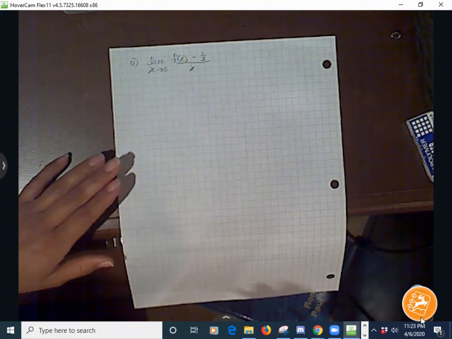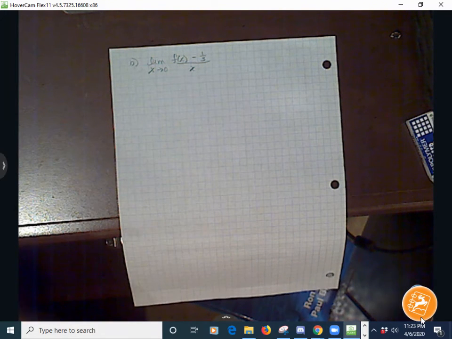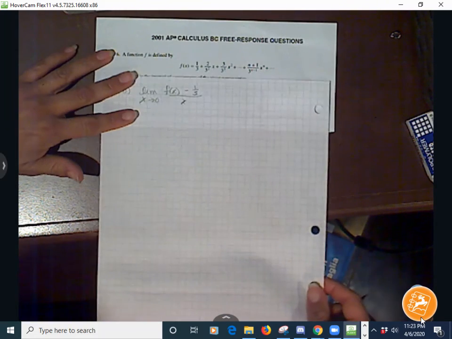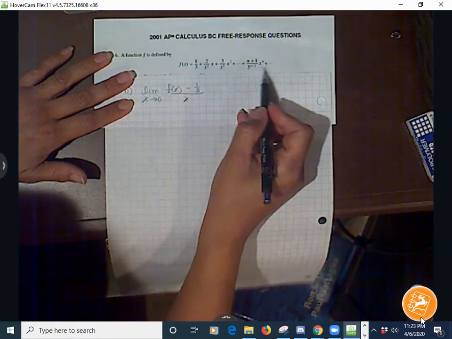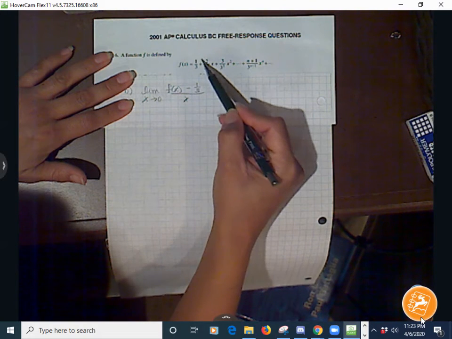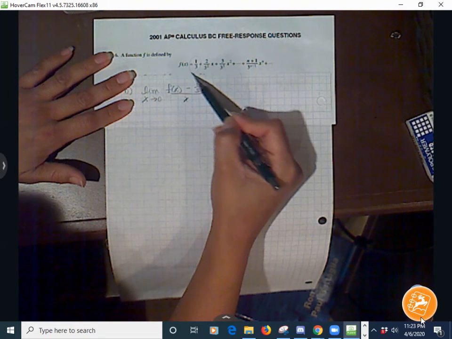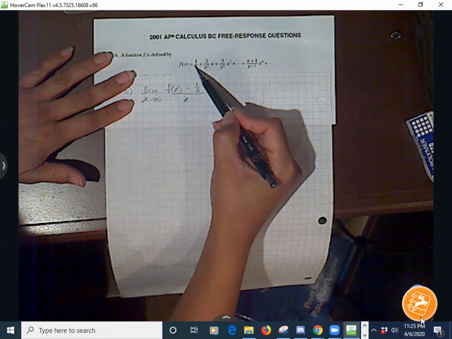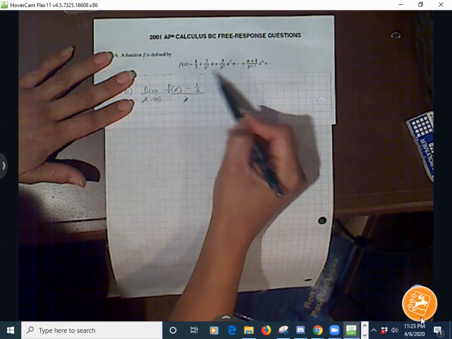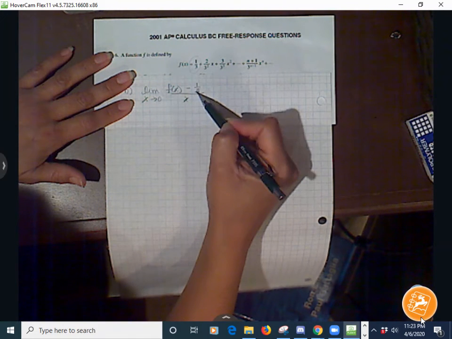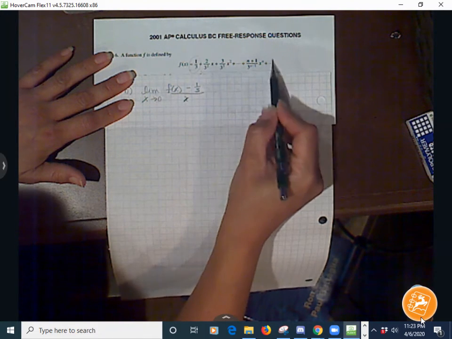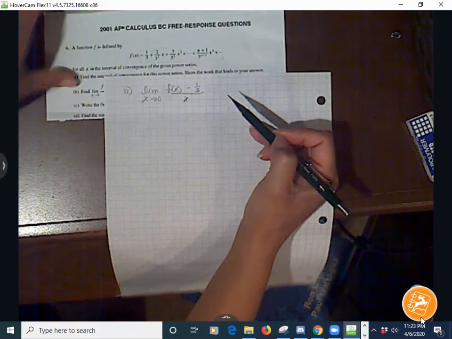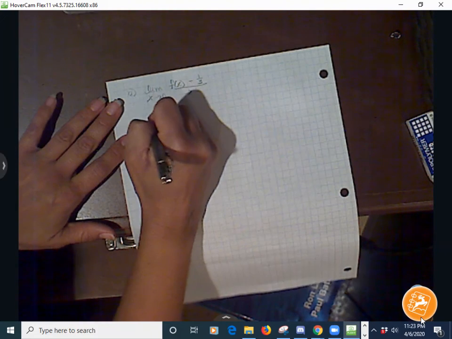But if you remember, f of x, let's go right back here, f of x is equal to this big long sum. But the very beginning of that sum is a 1/3. So if I take this big long sum and I subtract this 1/3, I'm going to be left with what I have right here. So let me take baby steps.